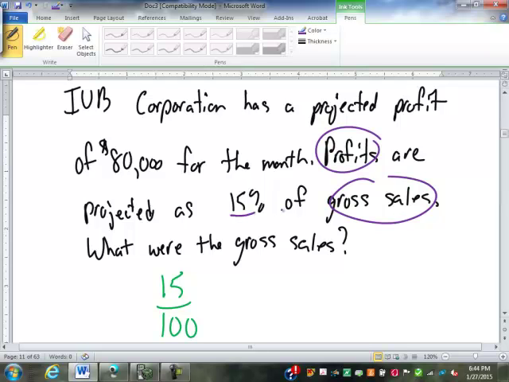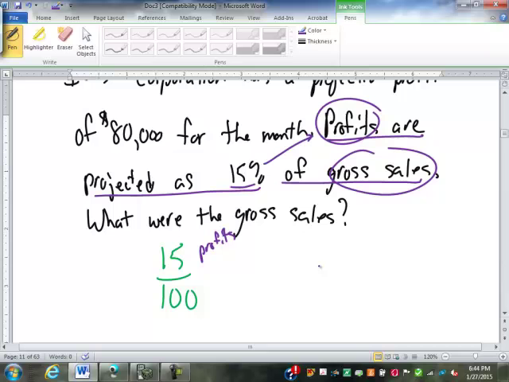Careful. 15% of the gross sales mean out of the gross sales. So the 15% does not represent the gross sales. It is taking something out of them. So the 15% represents the profits. Profits are 15%. So that is the profits, which means the gross sales must match up with the 100.